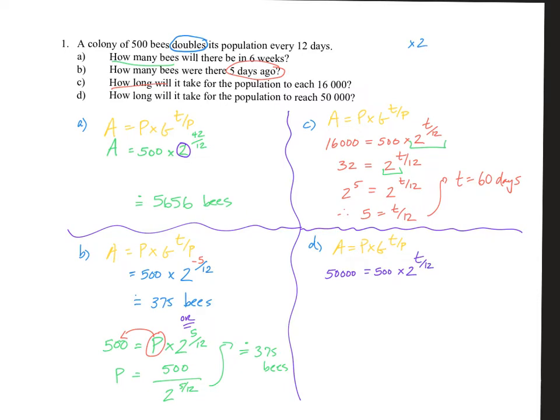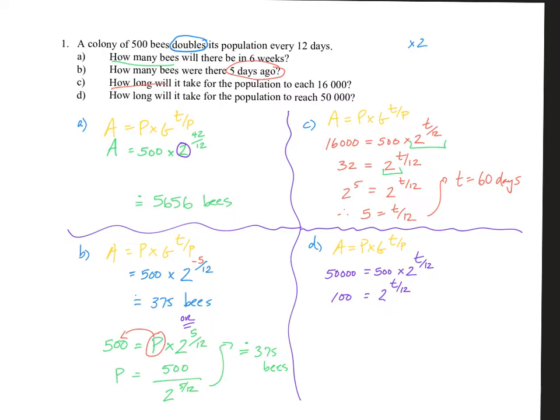I take a look and I want to get that power all by itself, so I'm going to divide out my 500. That's going to get me 100. But now when I get to that point, I say, oh, well, it's not that easy to write 100 as a power base 2.